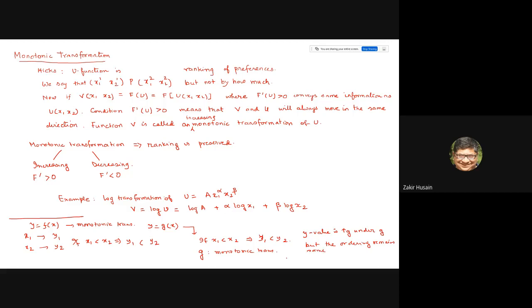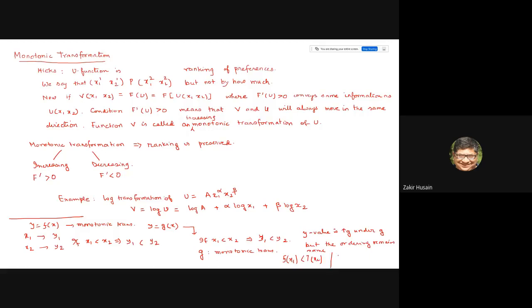Suppose y1 is 5 and y2 is 7. When you give x1, how much y do you get? You get 5. When you give x2, how much do you get? Say 7. So this is the relation.